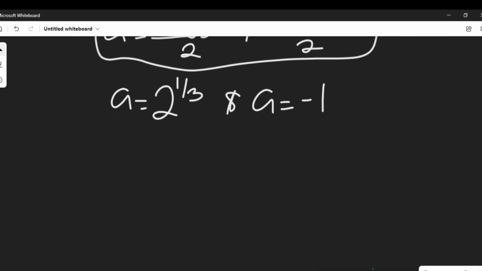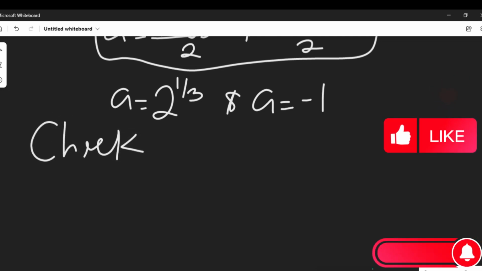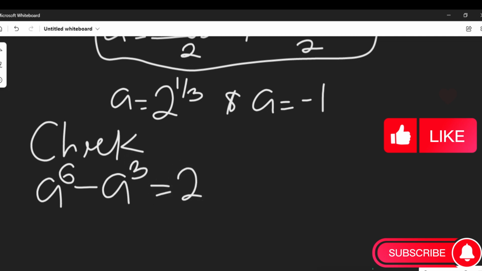Now if we have these two values as our a, we want to check to see if our result is correct. Let's check. The initial equation we were given is a raised to power 6 minus a raised to power 3, and it should give us 2. Let's substitute the value 2 raised to power 1 over 3 first.